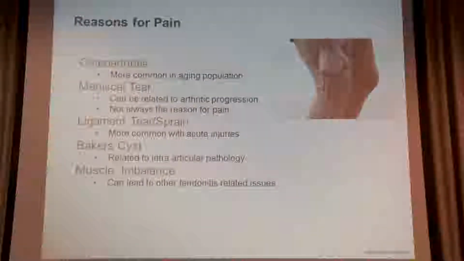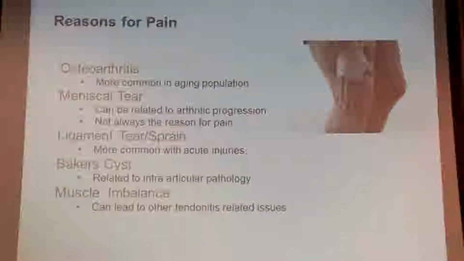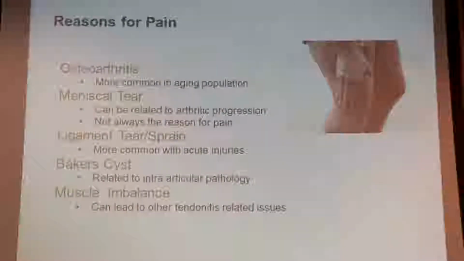Ligament tears, sprains, and strains are more common with acute injuries. Baker's cyst is mostly related to intra-articular pathology, or pathology going on in the knee, so it goes back to the first point, osteoarthritis. And then muscle imbalance and various tendinitises can lead to muscle imbalance, changing your gait, changing the way you walk, and causing further problems and issues.